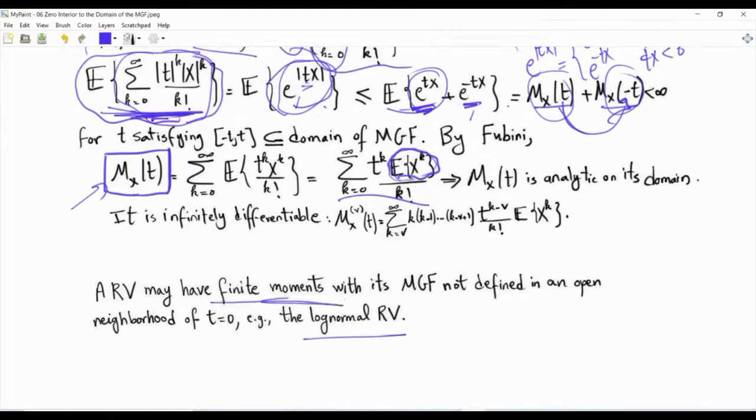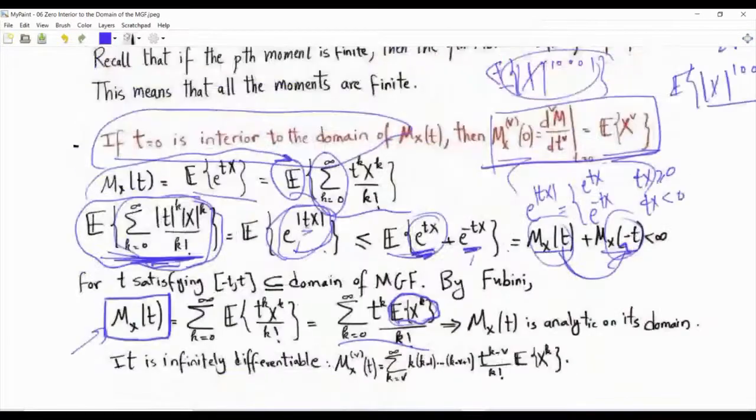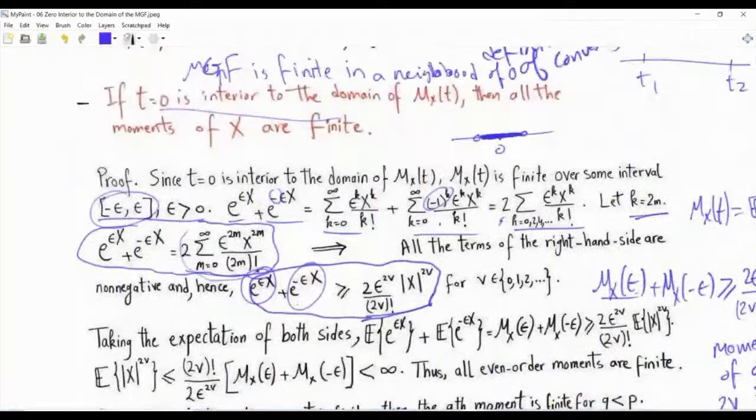However, the random variable has finite moments. So this theorem's converse is not necessarily true. You can have random variables with finite moments, but whose moment generating functions are not nice. Basically, they are not finite on a neighborhood about 0.